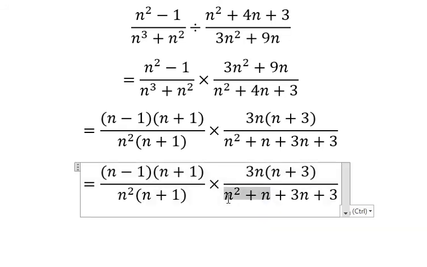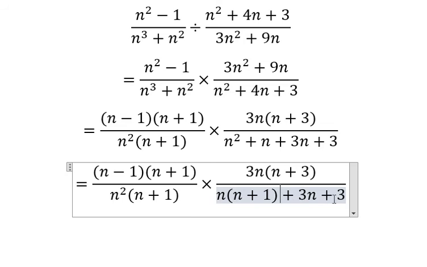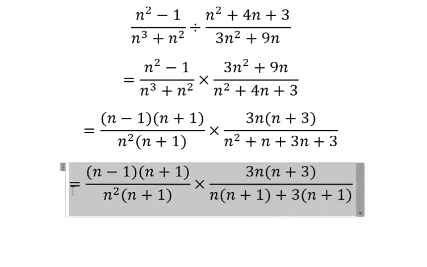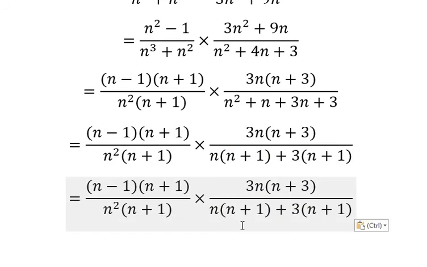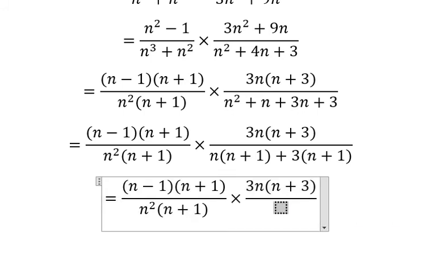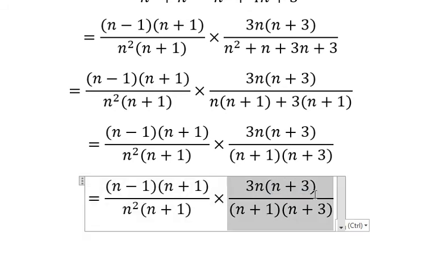This one we can factorize. Number 3, we can do another factorization. Because we have n plus 1, we can do another factorization. Now we need to simplify. N plus 3 divided by n plus 3.